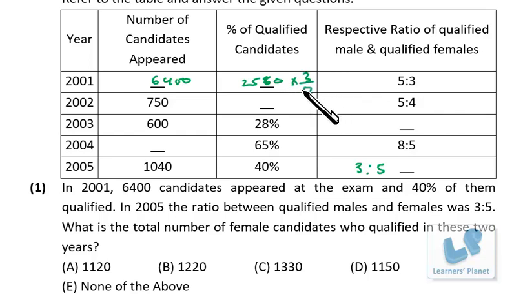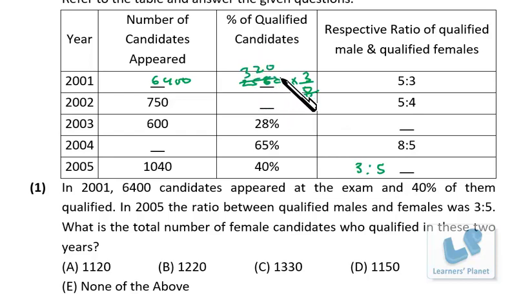So 3/8. So over here it is 960 females, and over here 1040, 40% of that. So 1040 into 0.4 and into 5/8.